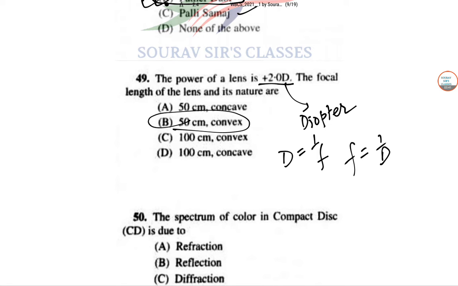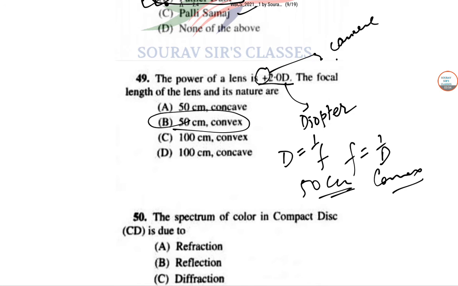So 1 by 2 into 100 gives you 50 centimeters, and it's a convex lens. If it is minus, then concave; plus is convex and minus is concave.